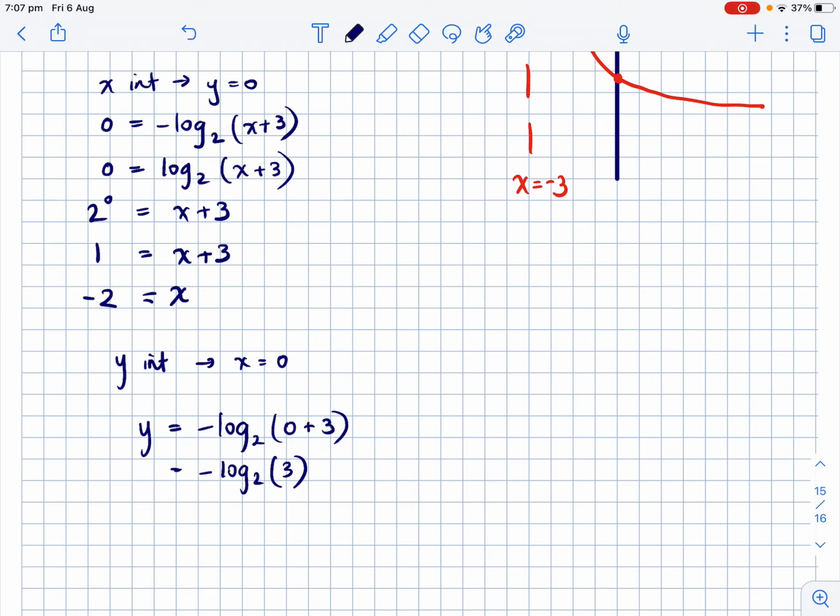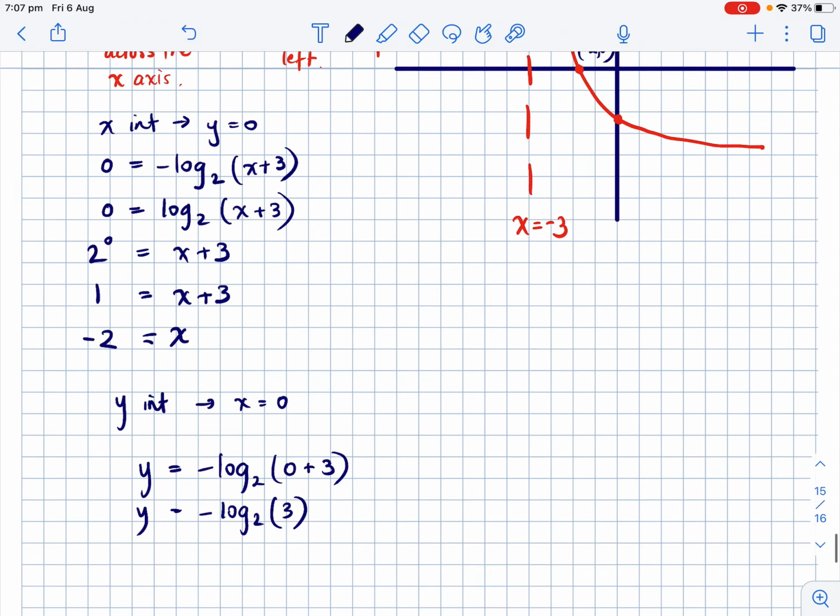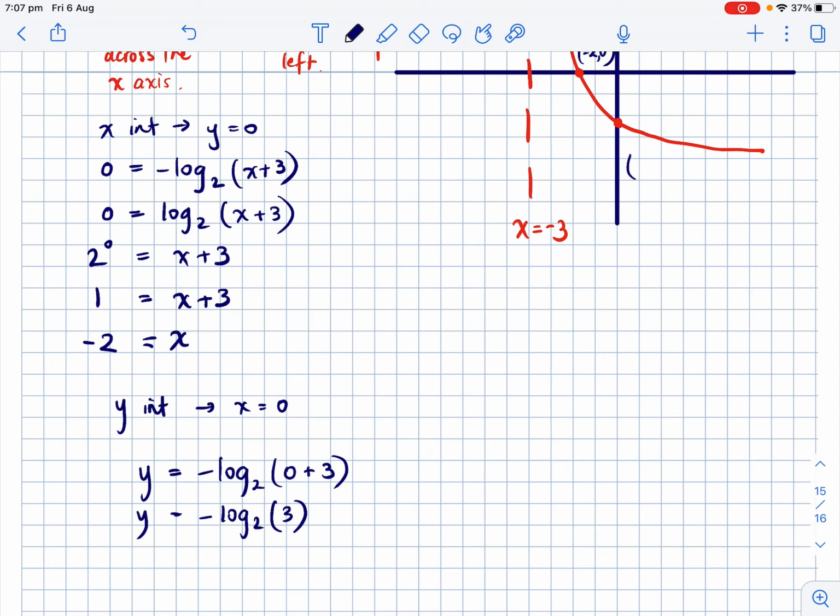But without a calculator, I can't get an actual decimal answer here. So if we're working with exact values, the way I put that coordinate on my graph is I simply say this axis intercept is when x equals 0 and y equals negative log to the base 2 of 3. And I can finish there.